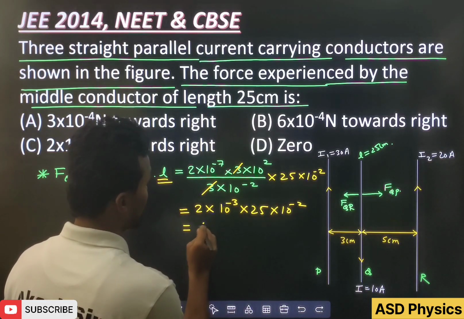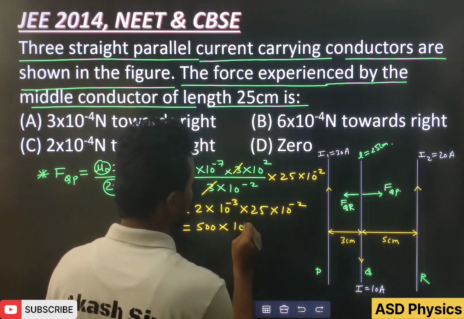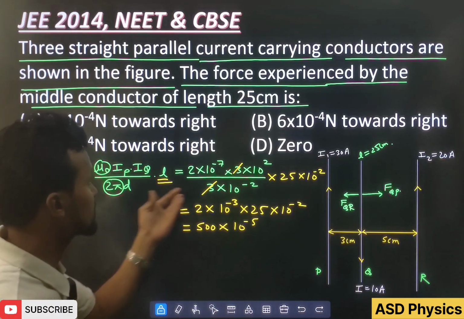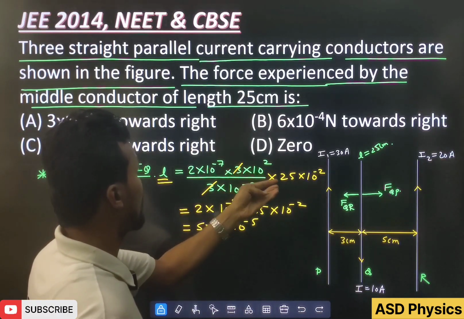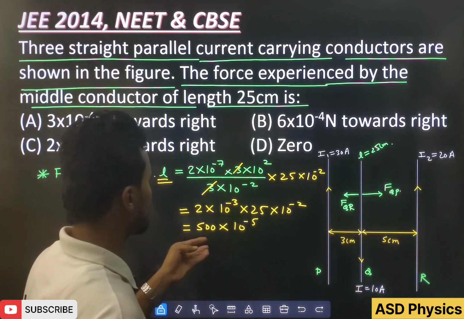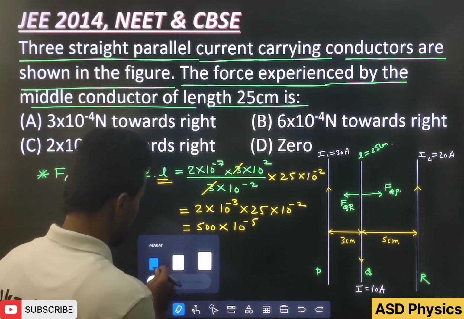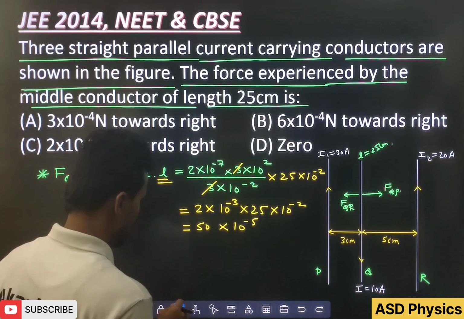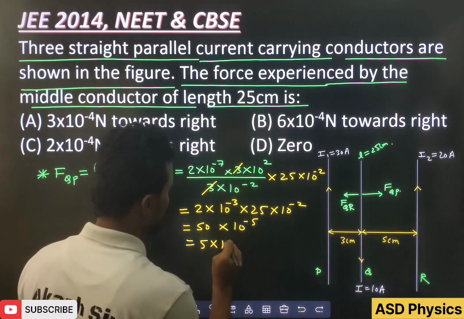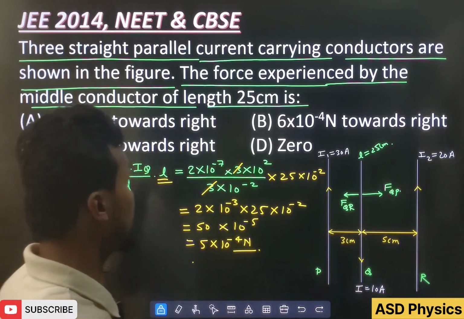Now let's check: 25 into 2, 50, into 10 to the power minus 3. So this will become 5 into 10 to the power minus 4 Newton. This is the force FQP.